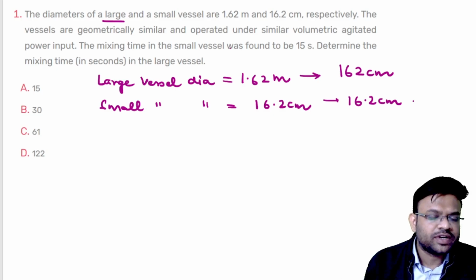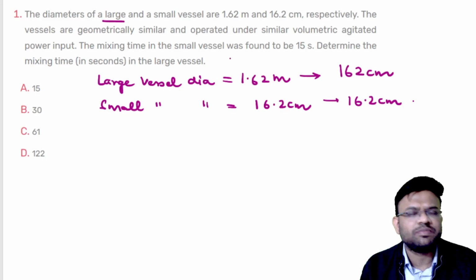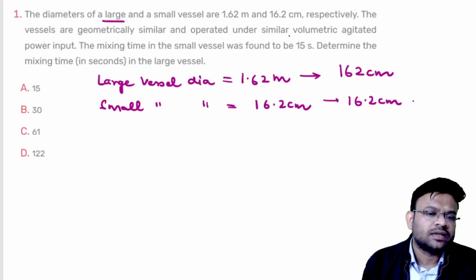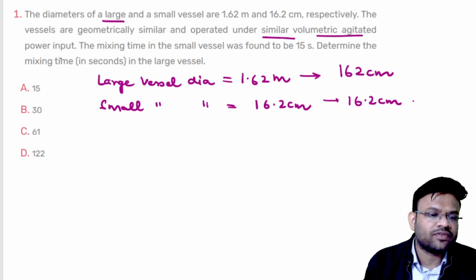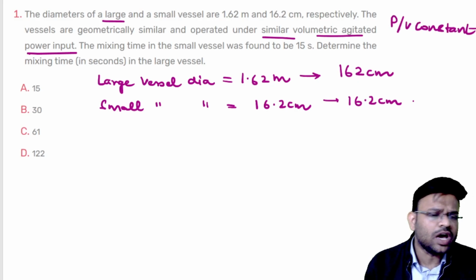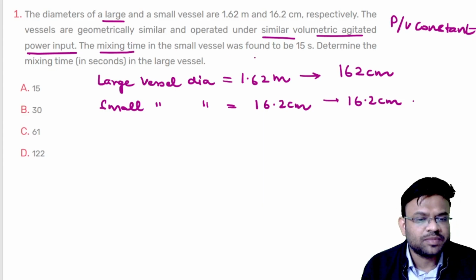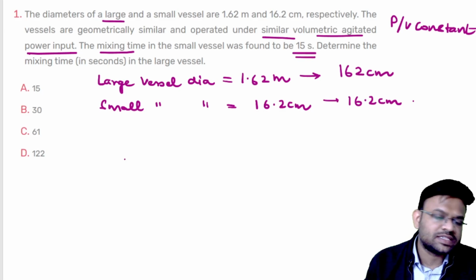The vessels are geometrically similar and operated under similar volumetric agitated power input. That means P by V value is constant, because they are operated under similar volumetric agitated power input. However, we are more inclined towards calculating mixing time, and mixing time in the small vessel was found to be 15 seconds.